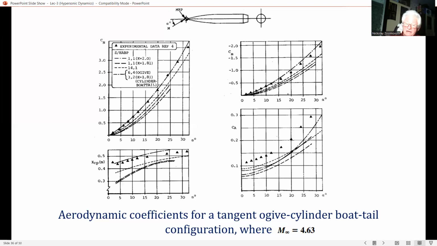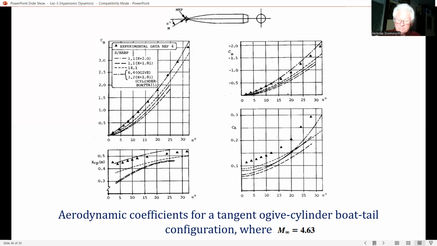And k is a modified Newtonian correction factor given by Cp proportional to k sine squared theta, remember. So hence, k equals 2, and hence Cp will be equal to 2 sine squared theta, which is really the straight Newtonian result.